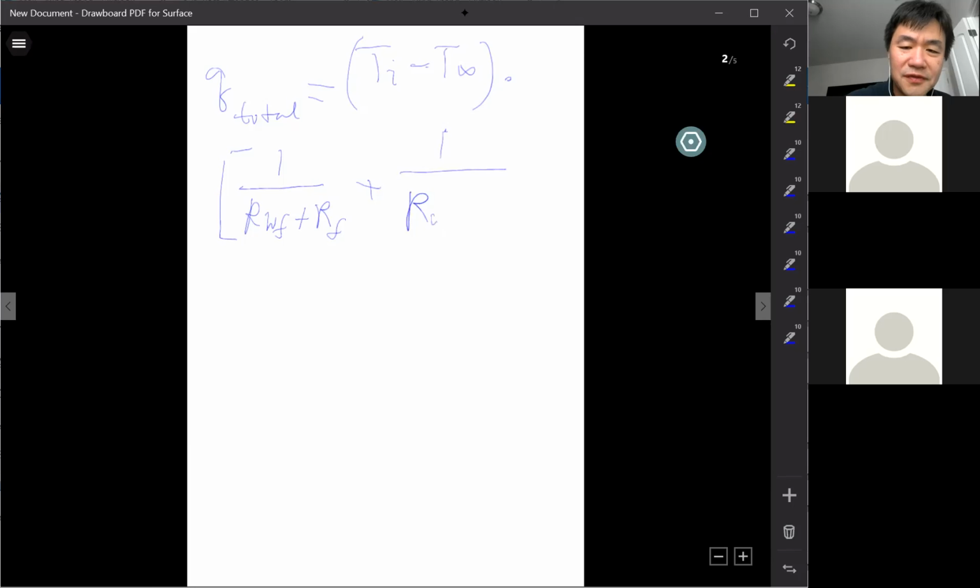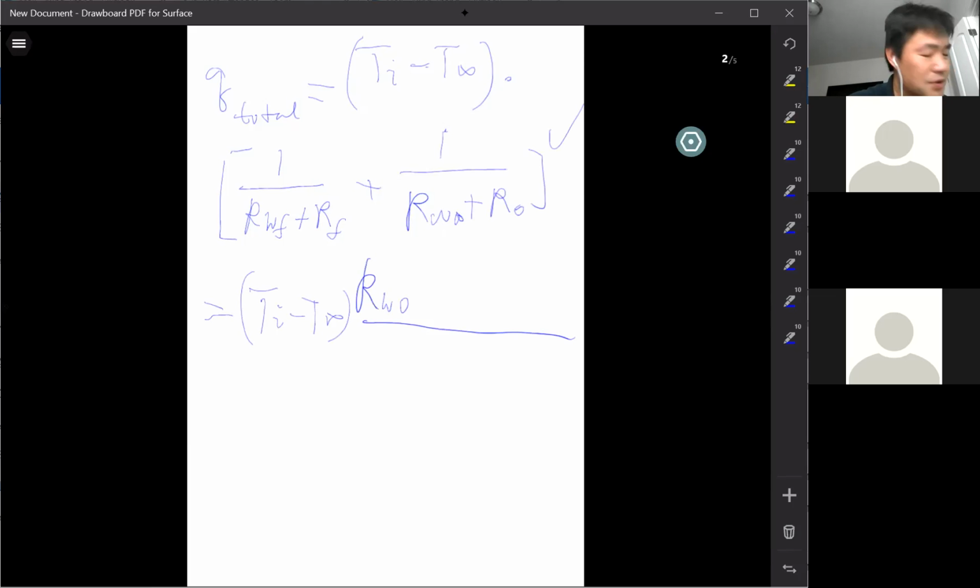Then this is the wall without the fin, with two resistances there. If you combine them together, the equation becomes T inside minus T infinite, where Ti is very much inside the wall. It looks a little bit messy, but that's what we have. If you rearrange it, you can just use this form, I think it is okay, but I just want to present whatever is written in the textbook.